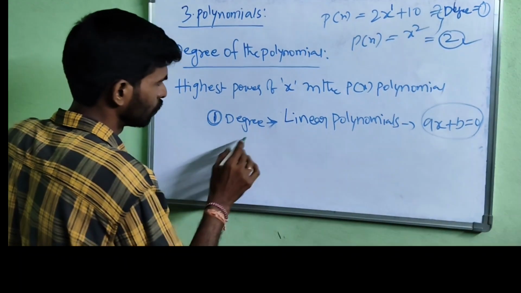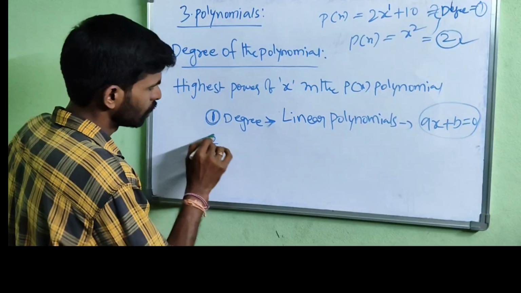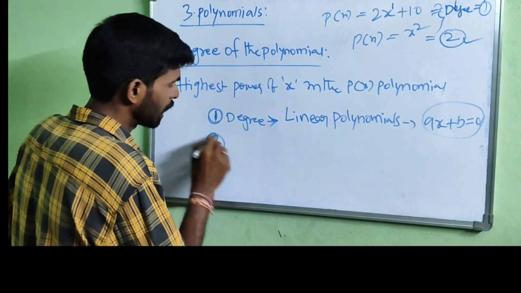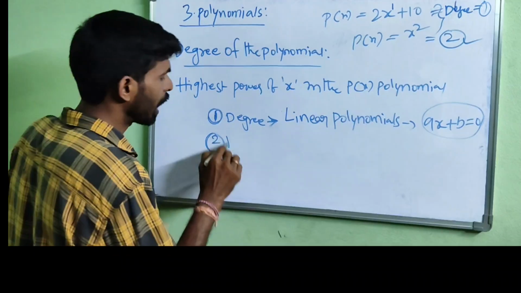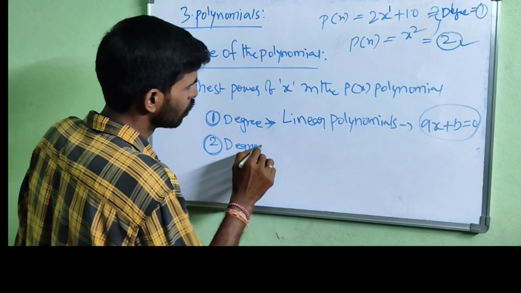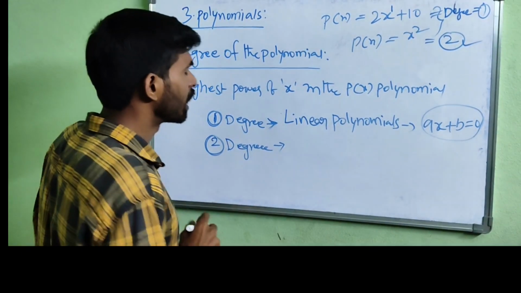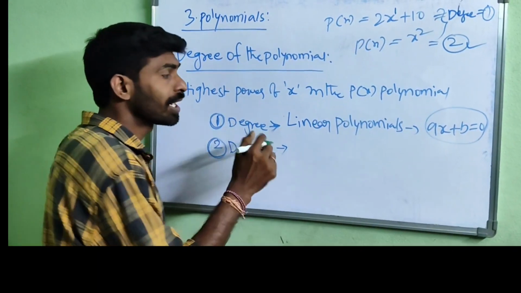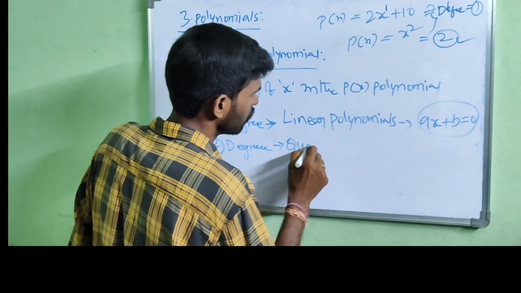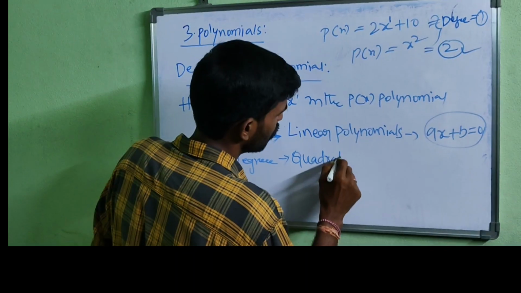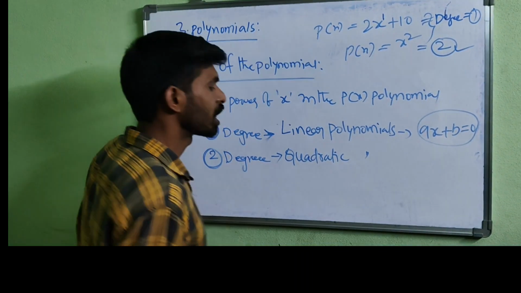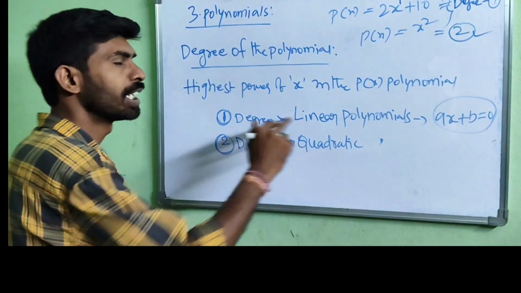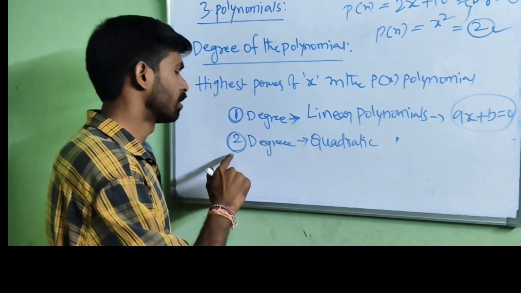Next, second degree, that means 2 degree. If we have 2 degree or second degree, those we call quadratic polynomials. Linear, single.